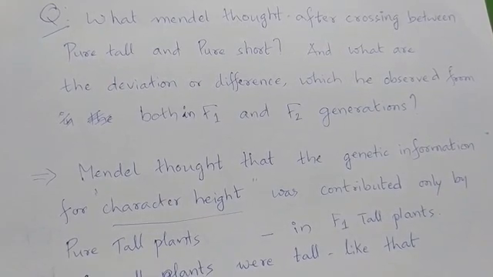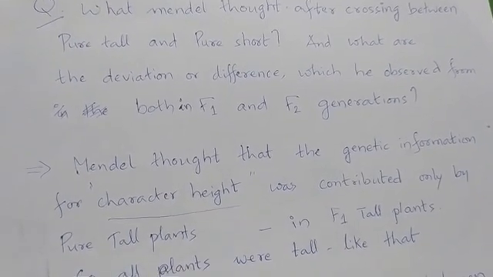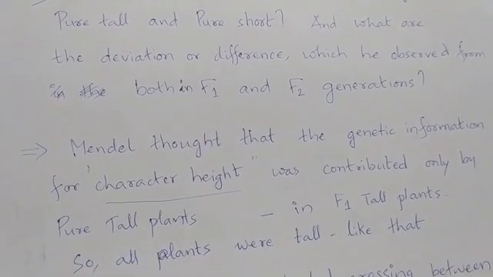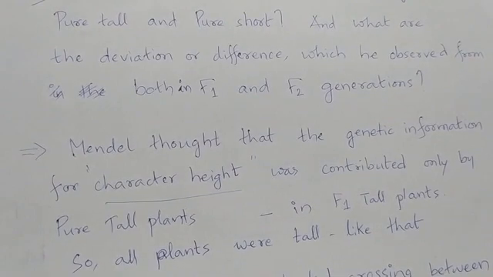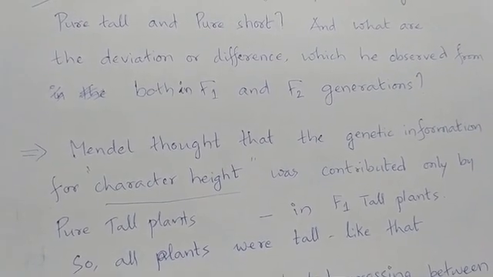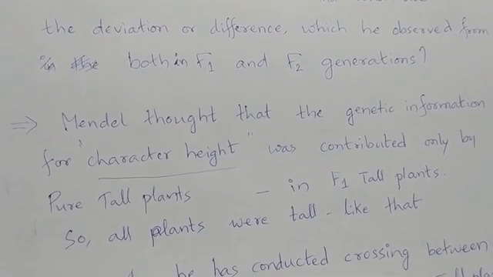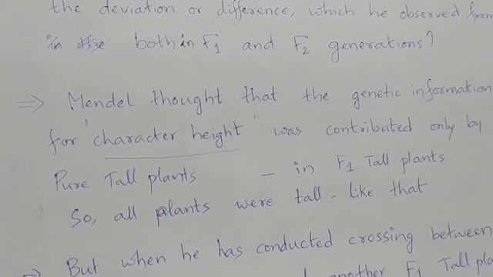Because when he crossed pure tall and pure short as parental plants, he got all of the progeny of the F1 generation with the tall character.